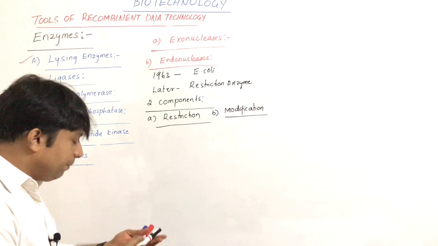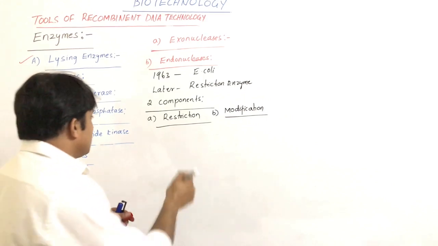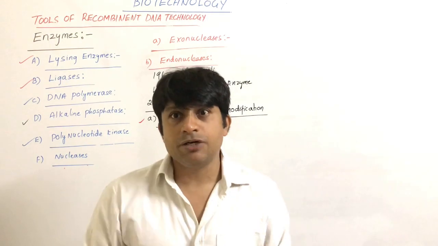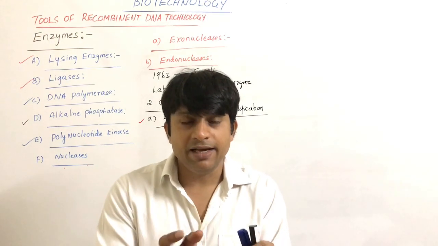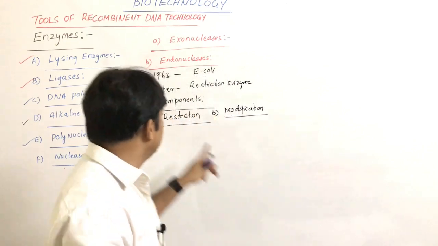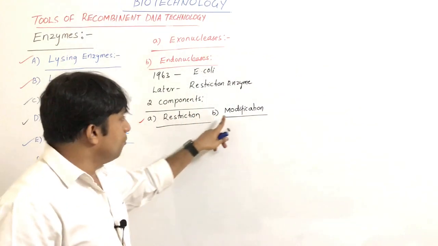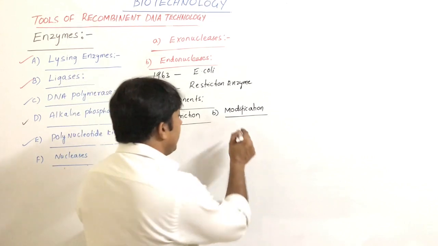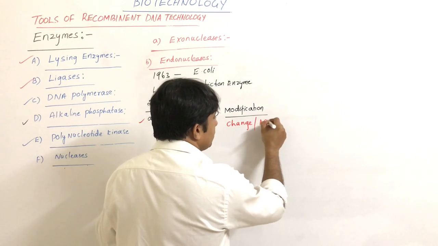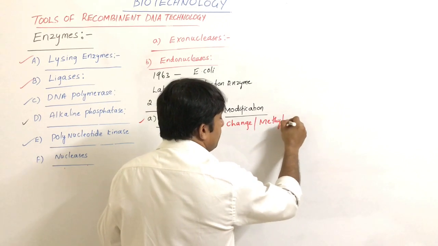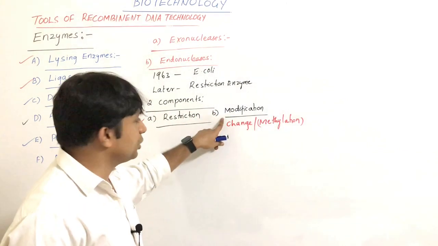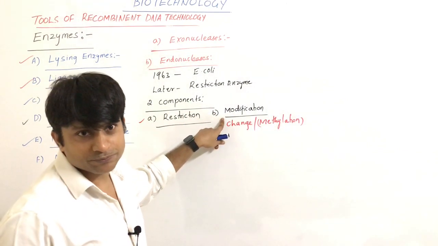So what do you mean by restriction? Restriction is nothing but fragmentation, or I can say that it is cleaving, which involves the cleaving of the DNA. That is restriction. Modification is a change, which is nothing but methylation to prevent restriction. That is modification.